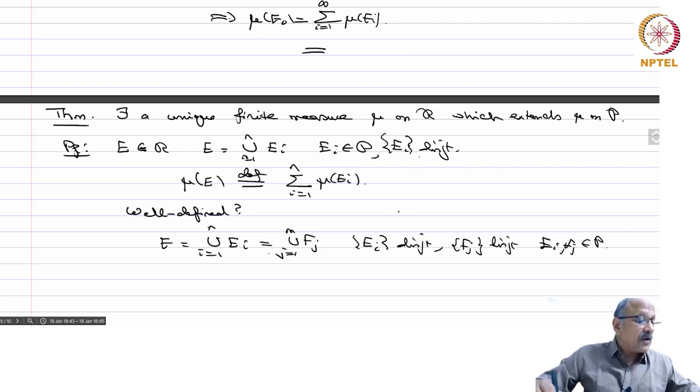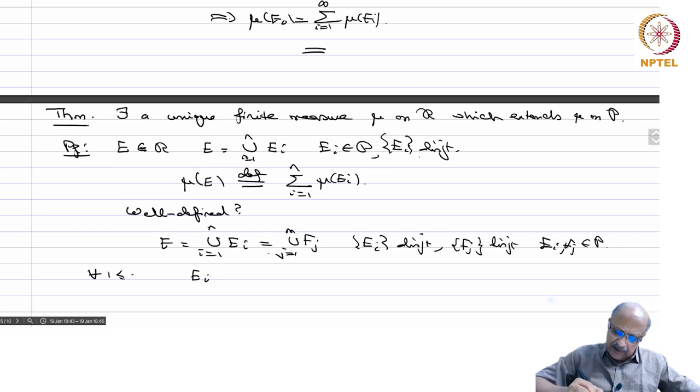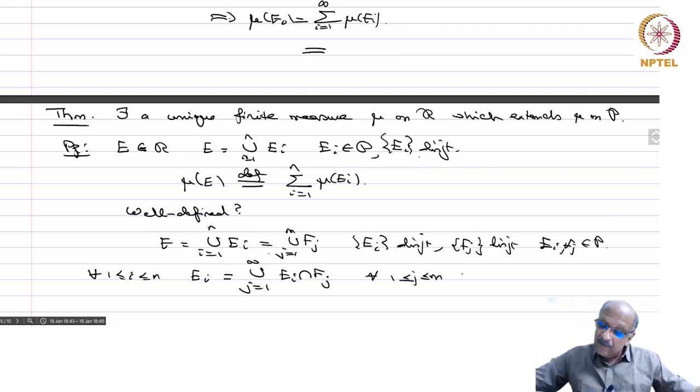Okay, so this is what we have. So for all i from 1 to n, we have Ei is nothing but the union j equals 1 to m of Ei intersection Fj. And then for all j from 1 to m, we have Fj equals the union i equals 1 to n of Fj intersection Ei.